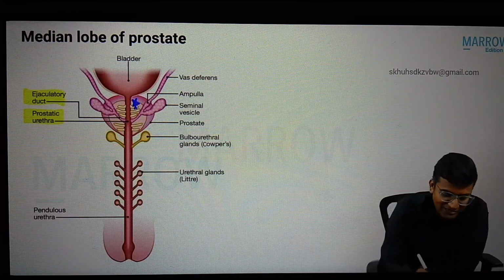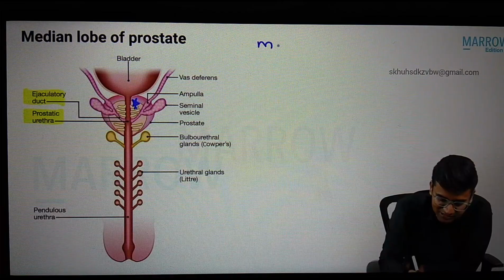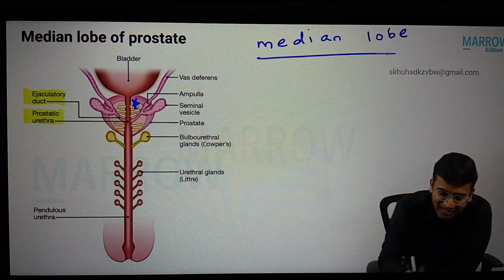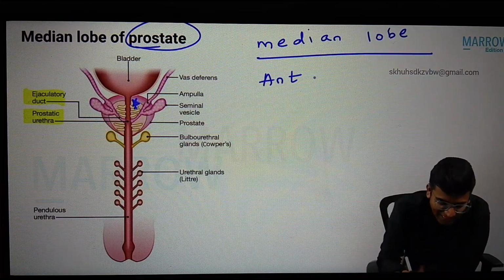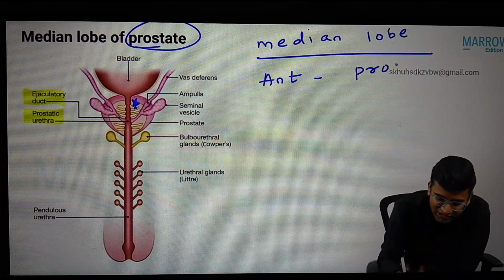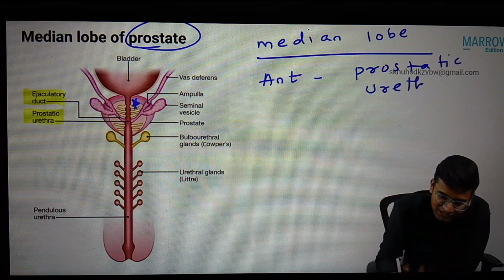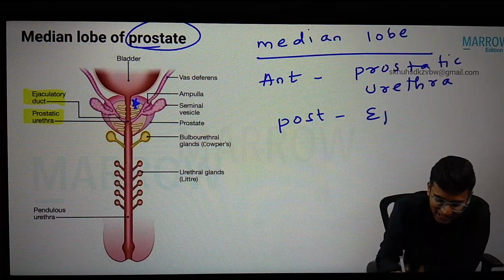That part of the prostate gland is called the median lobe of the prostate. The median lobe of the prostate is present between the prostatic urethra anteriorly and the ejaculatory duct posteriorly.